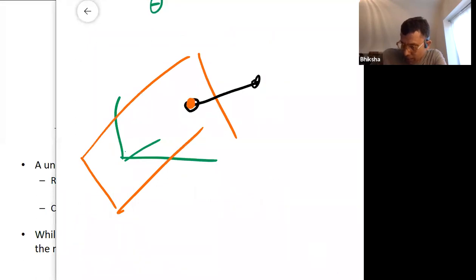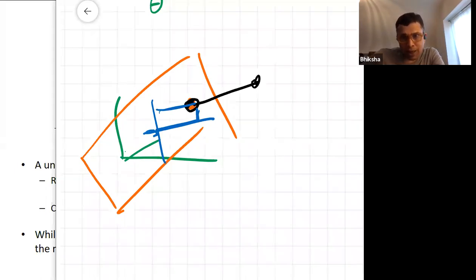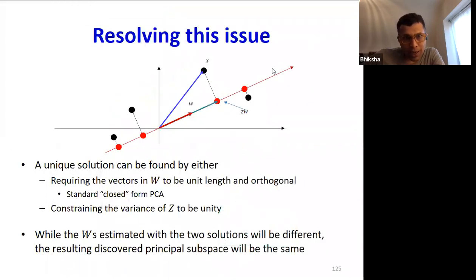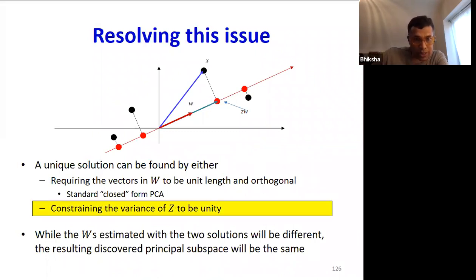And the position on the plane is expressed in terms of the coordinates on the plane itself. And I can just put a different constraint. I can say that I want the variance of the position on the plane to be unity.